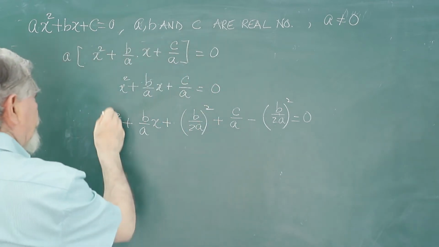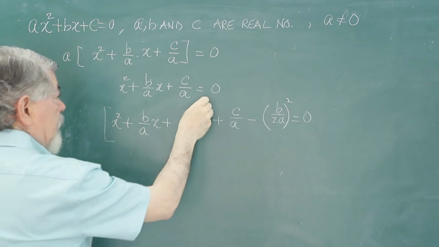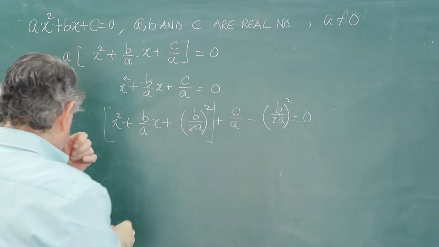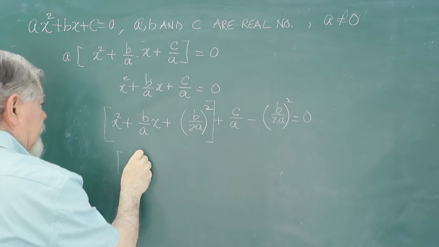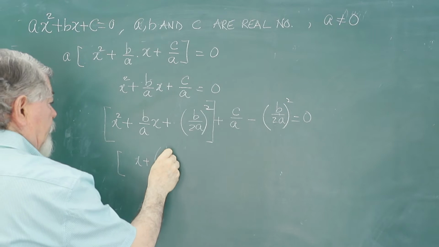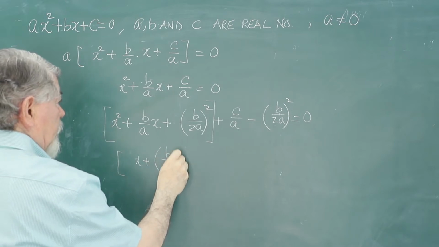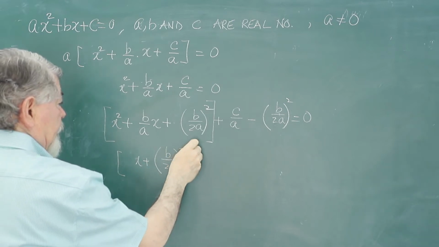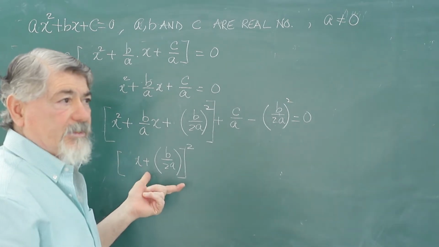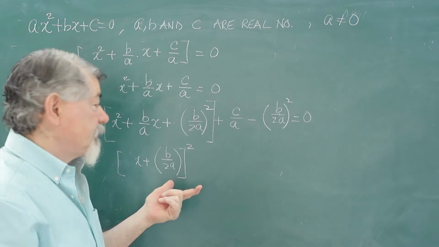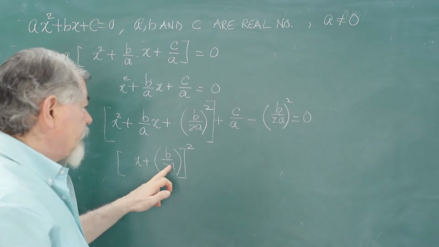For example, if you look at this portion, this will become a perfect square. It will be the square of x plus b upon 2a whole square. Recall what we have done in expansions in junior classes, a plus b whole square.